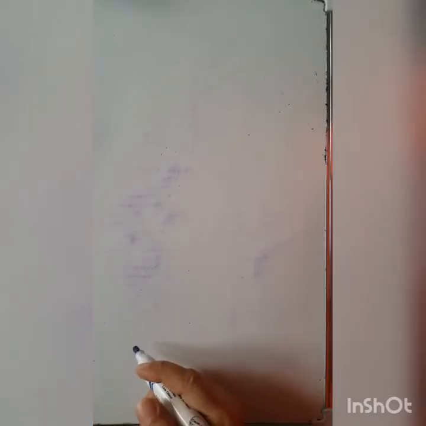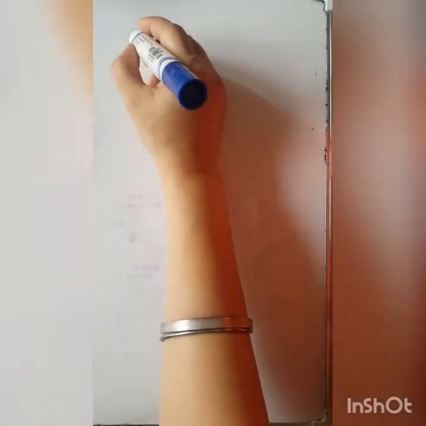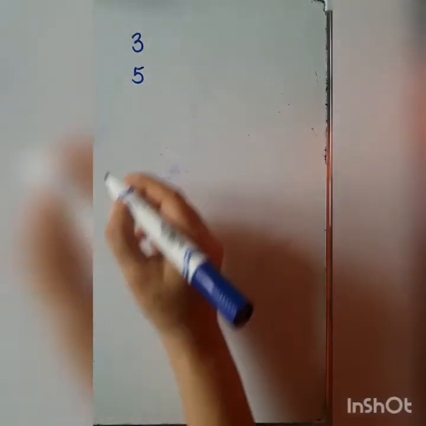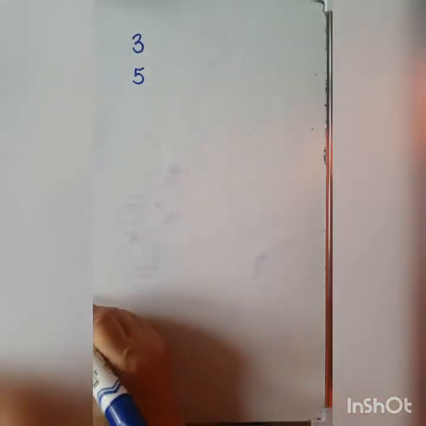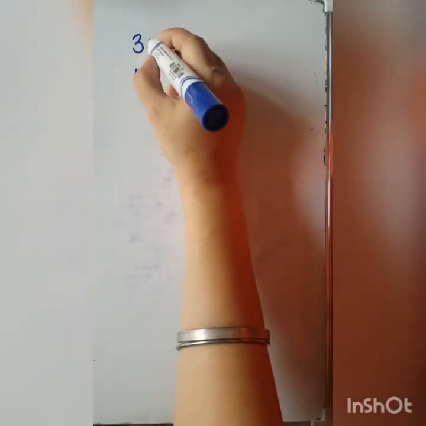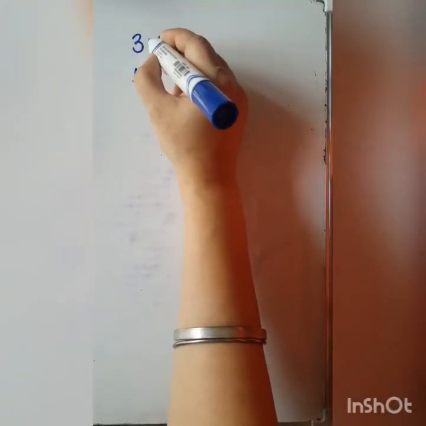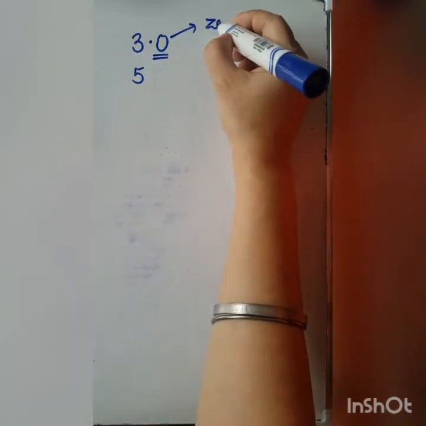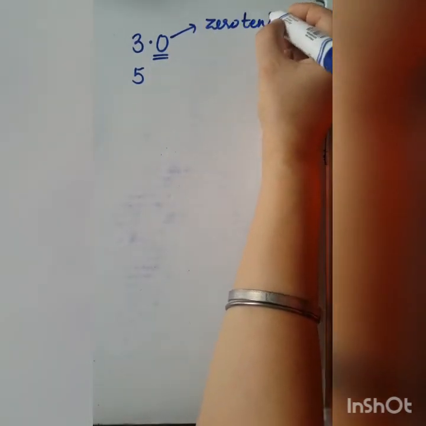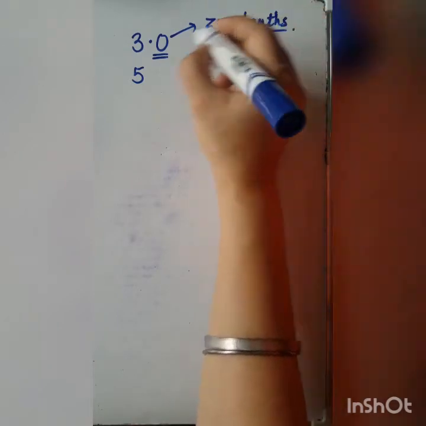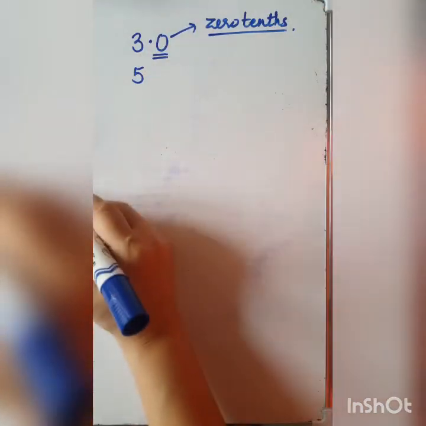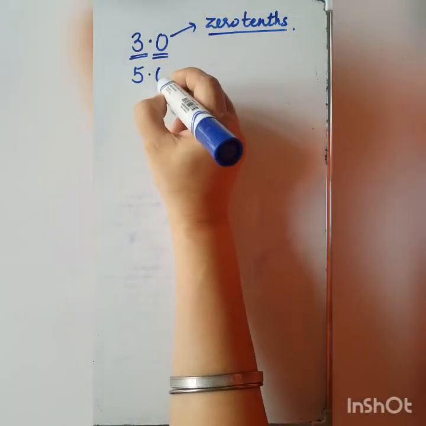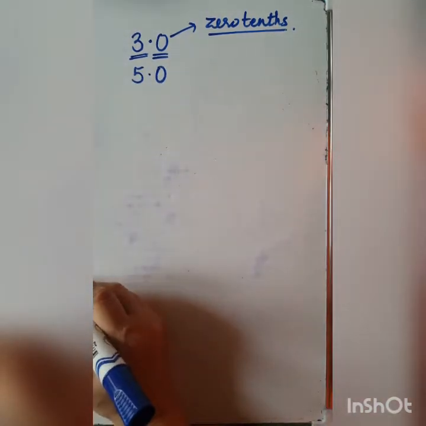Now if you want to represent a whole number, suppose I am given number 3 or number 5, this also I can represent in the decimal form by placing a 0 after the point. Now this 0 represents 0 tenths. That means there are no tenths after the point. This is the simple whole number 3. Similarly 5 can be written as 5.0.